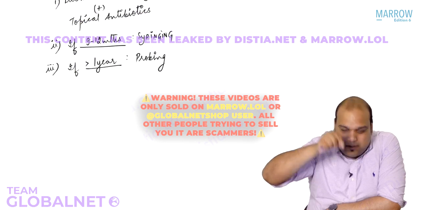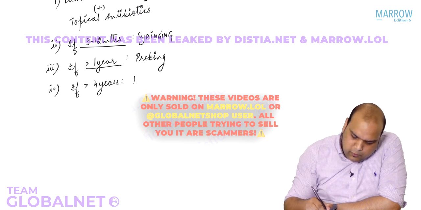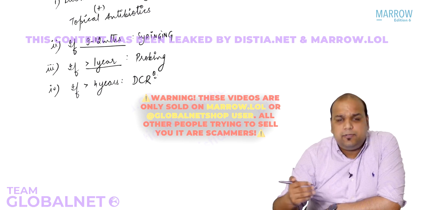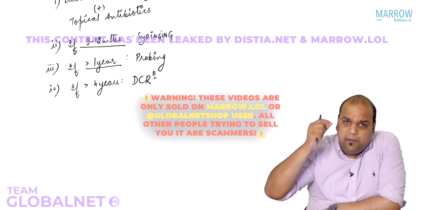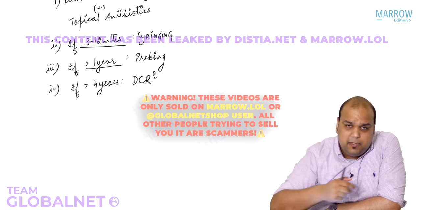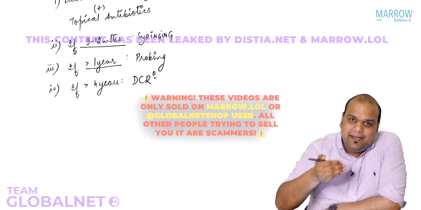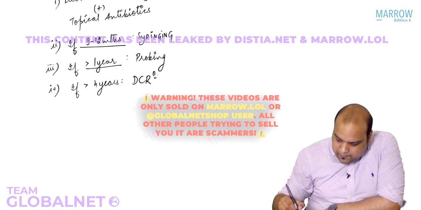You are just opening the obstruction, yes? And lastly, if greater than 4 years, then you do DCR, dacryocystorhinostomy. As already explained, we break the lacrimal bone to form a contact straight away between the lacrimal sac and the middle meatus of the nose for the drainage of the tears. Done, everybody? So this is a graded treatment based on the age.